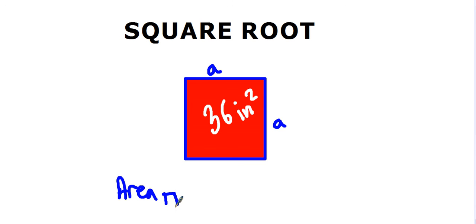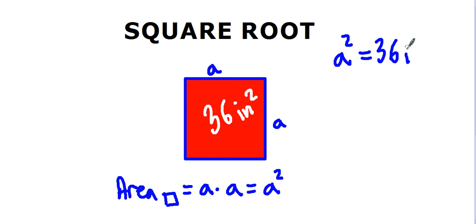So the area of a square would be A times A, or A to the power of 2. But we already know what the area is, so we can say that A to the power of 2 equals 36 inches squared. The question is, how big is each side length?